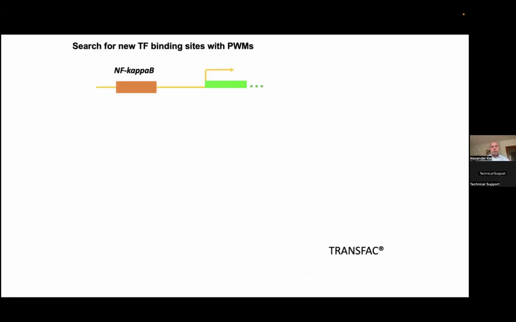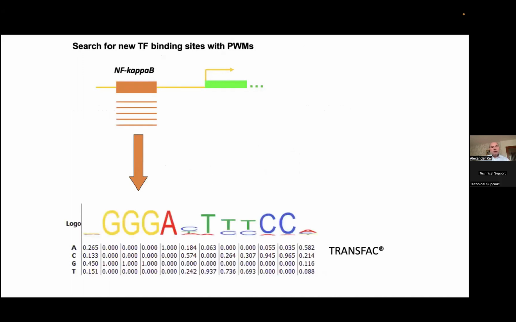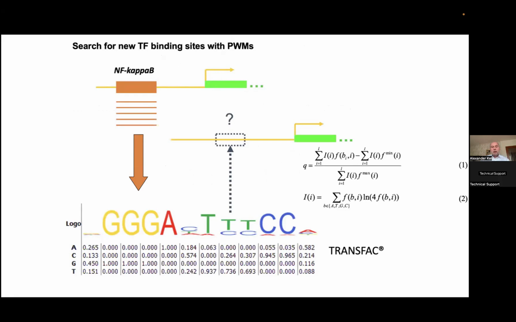And the score actually works like that. As I said, we built such a matrix, and that's, for instance, a matrix for NF-kappa B binding sites in the TRANSFAC database. You see these weights in that matrix. Then we use this matrix with the formula I presented before to search for binding sites in any sequence in the genome.